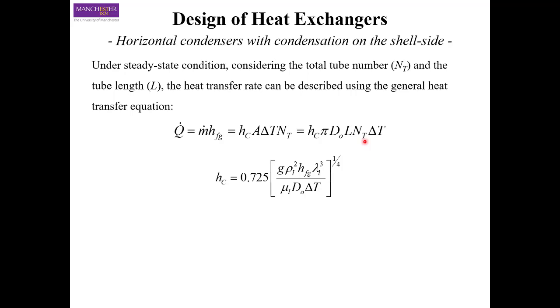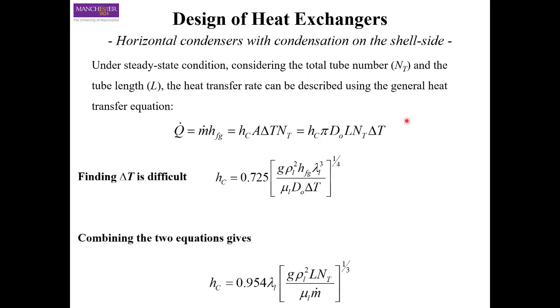And this delta T is very difficult to calculate because it is very impractical for us to measure the surface temperature of the tube inside the exchanger. So we can try to find a way to replace this delta T out of this equation. We developed the equation for the condensing heat transfer coefficient on the previous slide. So if we compare these two equations and try to remove this delta T, we can write the final equation in the form here.